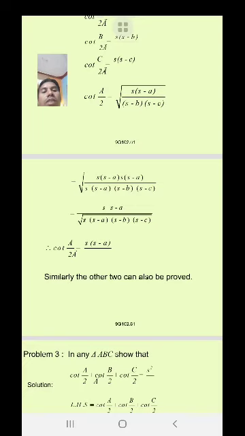So twice the product means we can write s into s minus a whole square. So square root gets cancelled. So in the numerator, after getting cancelled, we have s into s minus a by the denominator. If you observe, it is equal to the area of the triangle, so delta. Therefore, cot A by 2 equals s into s minus a by delta. Similarly, the other two can also be proved.